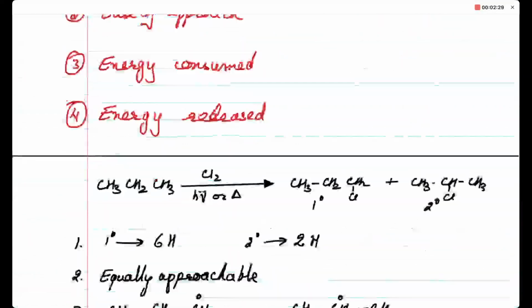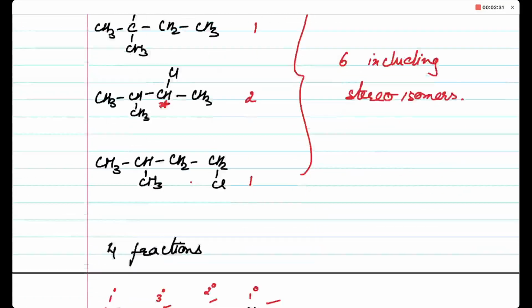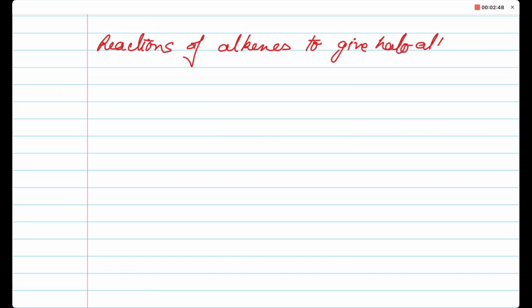And now we are going to talk about the reactions of alkenes, which give us the alkyl halide. So we have the reactions of alkenes to give haloalkanes.